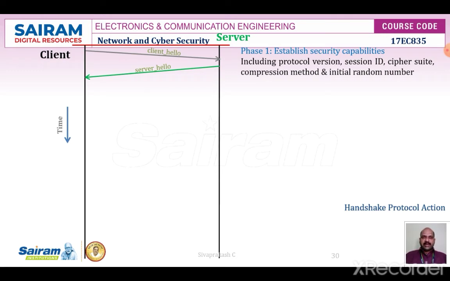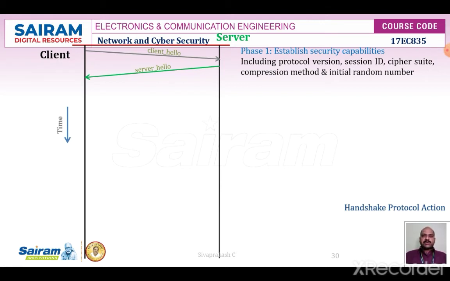The random field is generated by the server and is independent of the client's random field. If the session ID field of the client was non-zero, the same value is used by the server. Otherwise, the server session ID field contains the value for a new session.